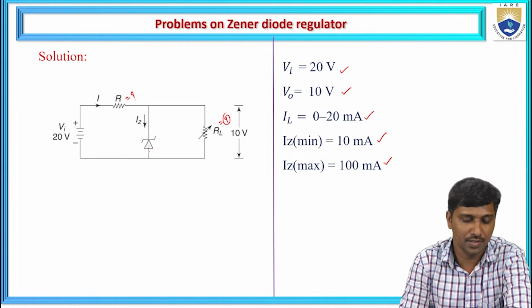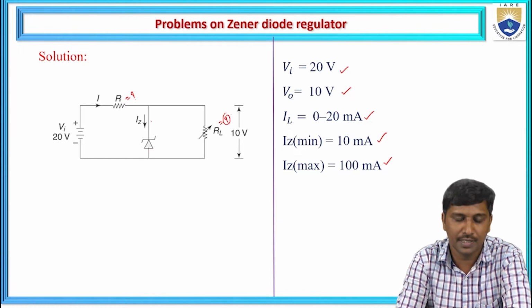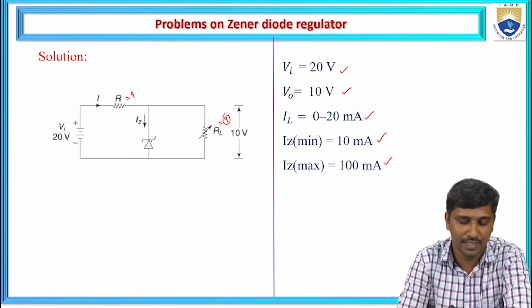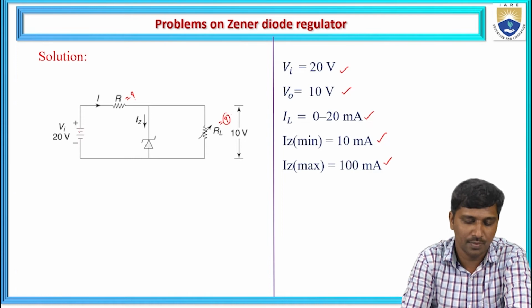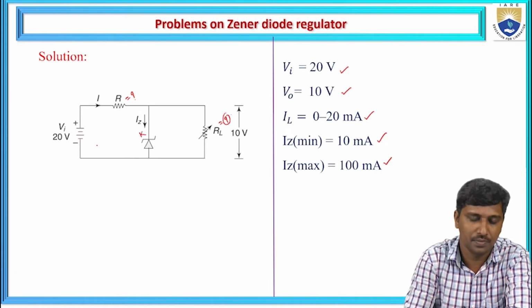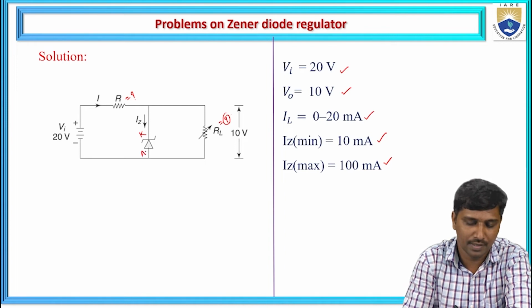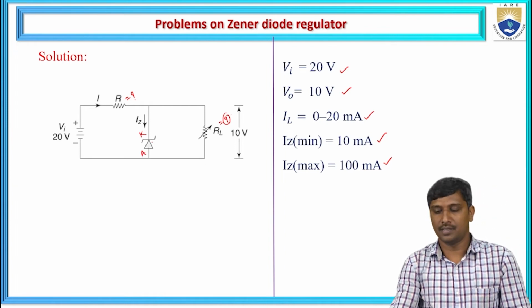And here the Zener diode is reverse biased to satisfy the voltage regulator. So the positive pole of the battery is connected to the cathode of the Zener diode, and the negative pole of the battery is connected to the anode of the Zener.